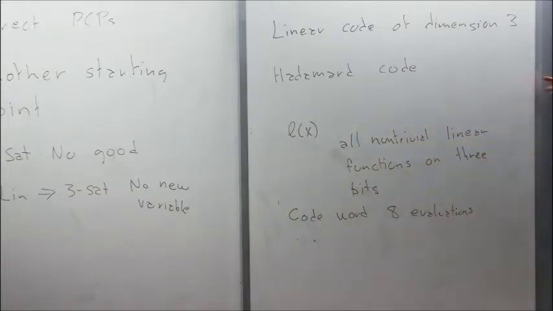So really it's just a linear space of dimension 3, and the only one with no repeated coordinates. If you wanted the Hadamard encoding, it's the value of all non-trivial linear functions on each of the 8 inputs. These are 3 definitions basically saying the same thing.